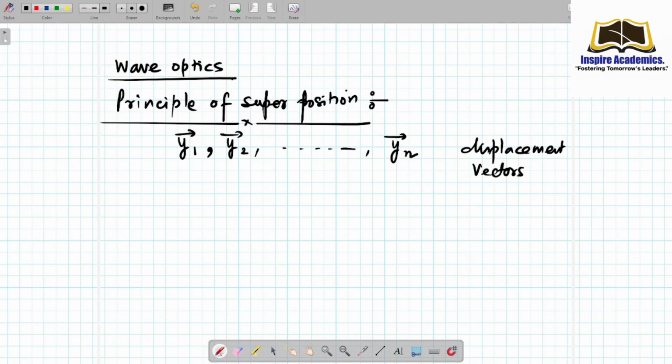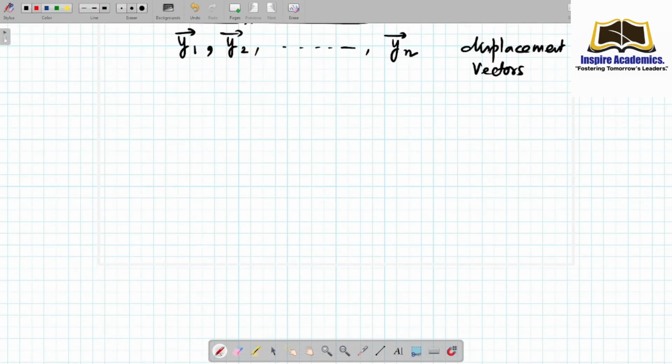Now, let us understand it through one pictorial representation. Exactly दो वेव सुपरपोज करेंगे तो रिजल्टेंट वेव क्या होगा? Let me just draw a vertical line.